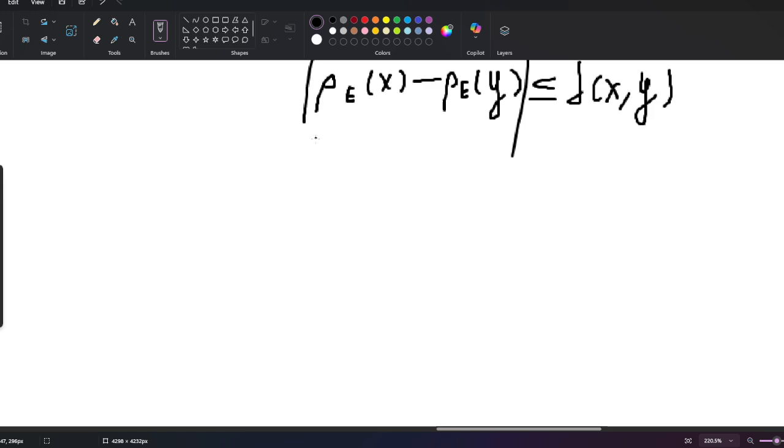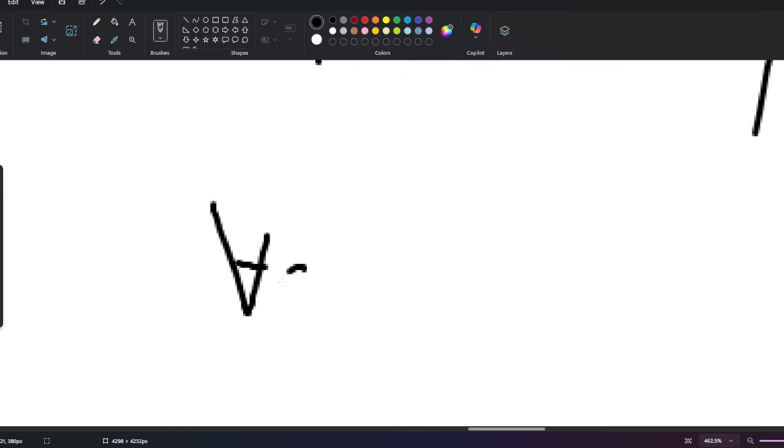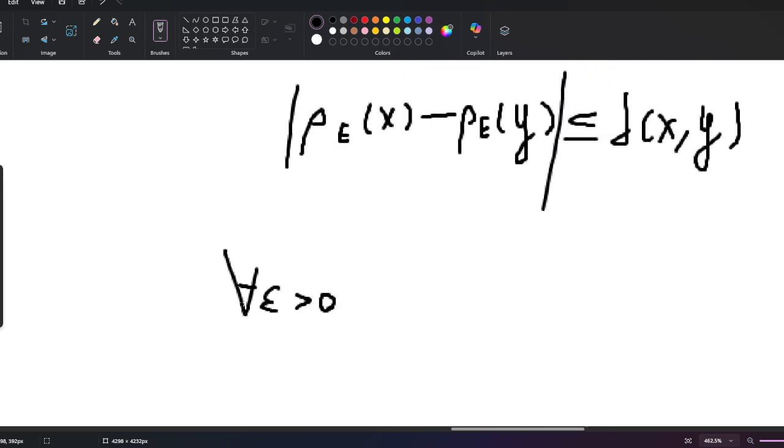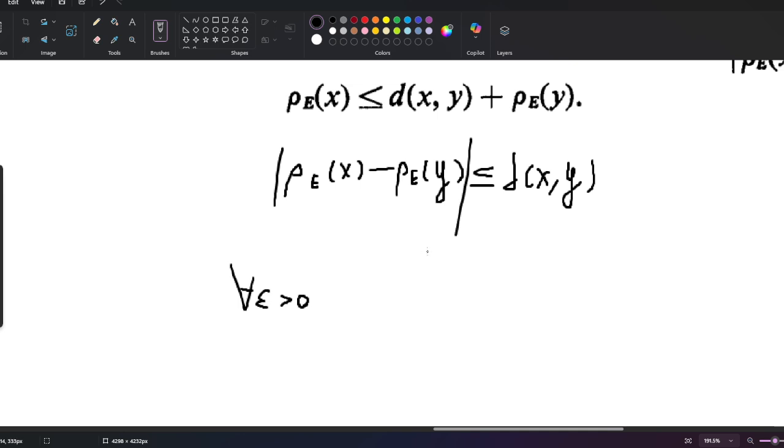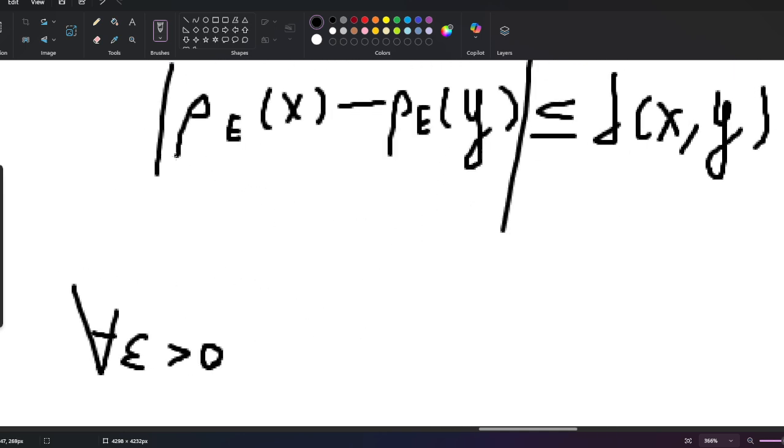Well, for every epsilon greater than 0, what we have here actually implies that we can pick delta.